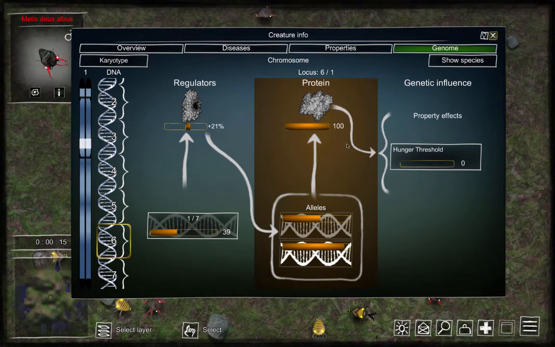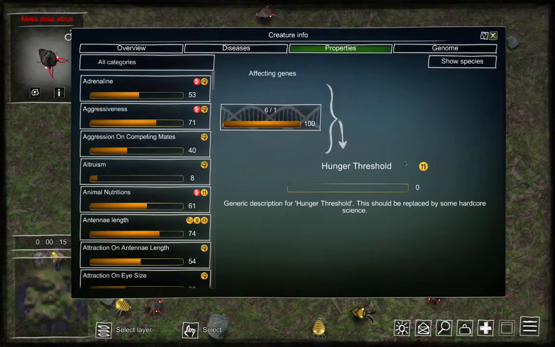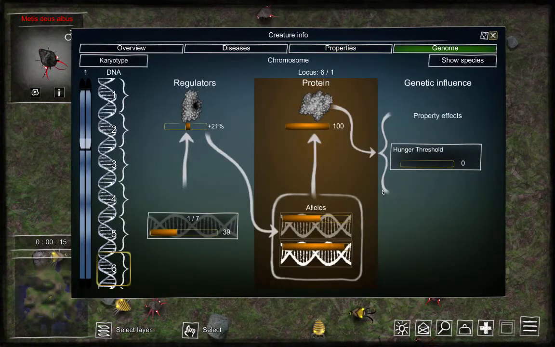A protein then causes the properties. In this case, the protein has an influence on hunger threshold, so only an influence on one property. One protein can also have influence on multiple properties, but as we see here, this protein influences only one property.